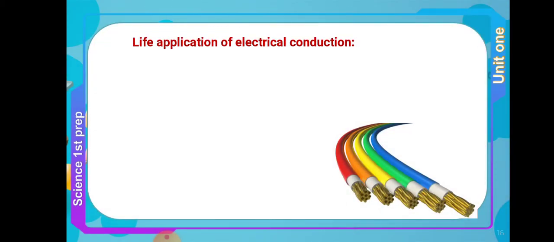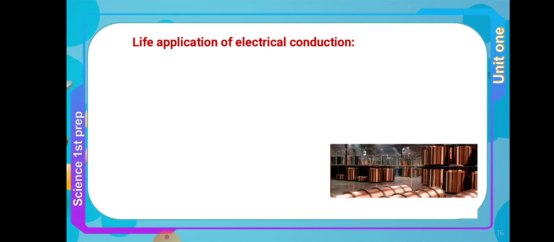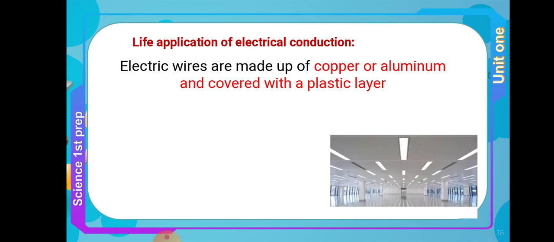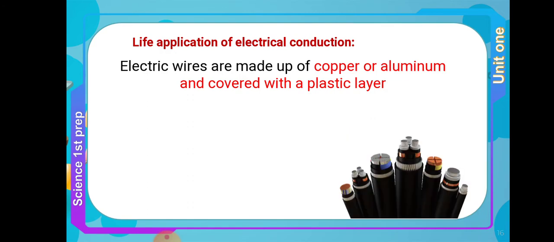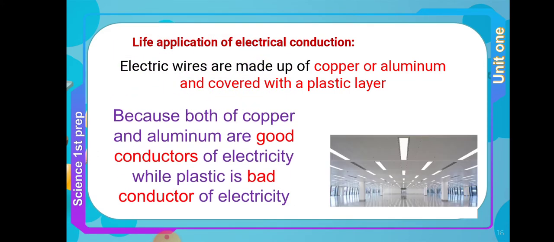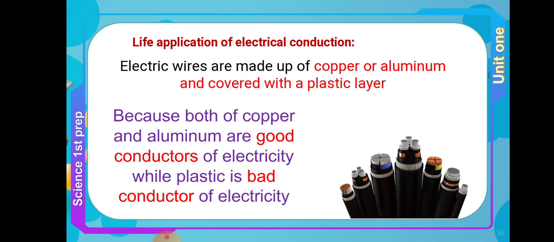Let's study life applications on electric conduction. Electric wires are made of copper or aluminum, but covered with plastic layers, because both copper and aluminum are good conductors of electricity, while plastic is a bad conductor of electricity.